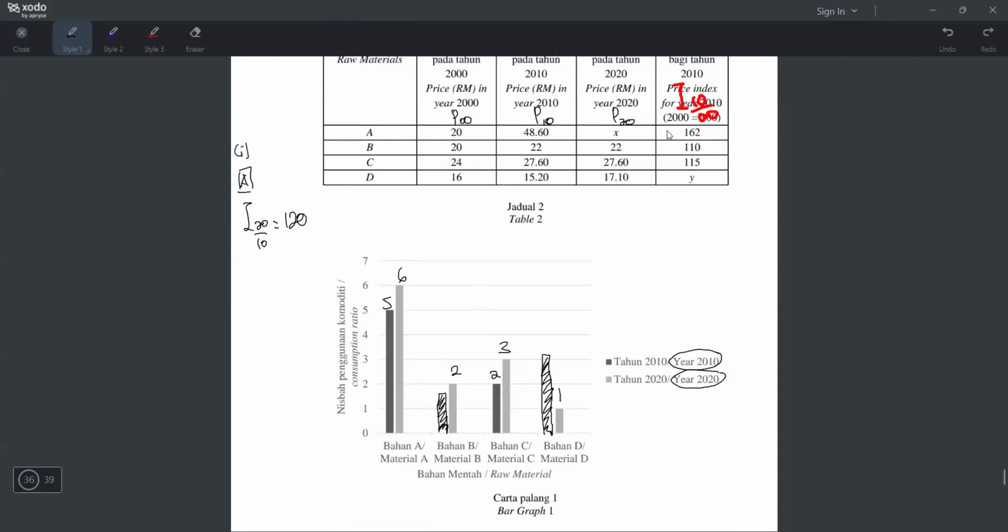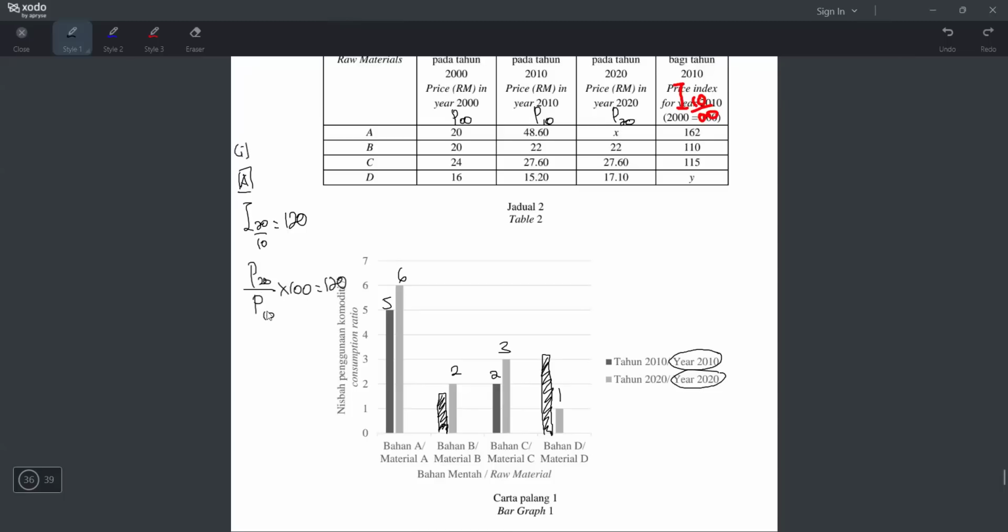Okay, how do you find X? You can see that X is actually the price in 2020, right? And they gave us the index for 2020 based on 2010. So we can use the price index formula, which is price divided by price times 100 equals 120, right? But the price on top should be 2020, this one is 2010.